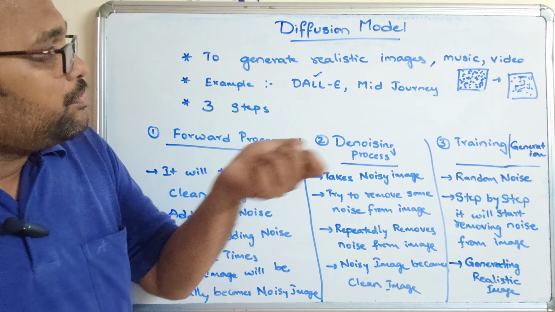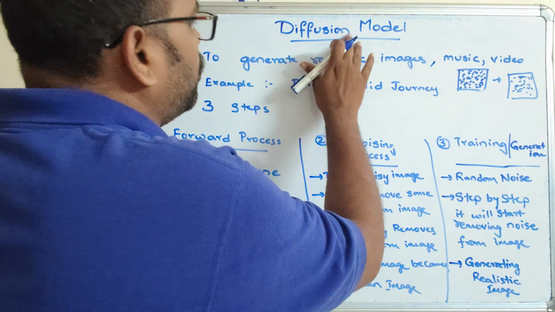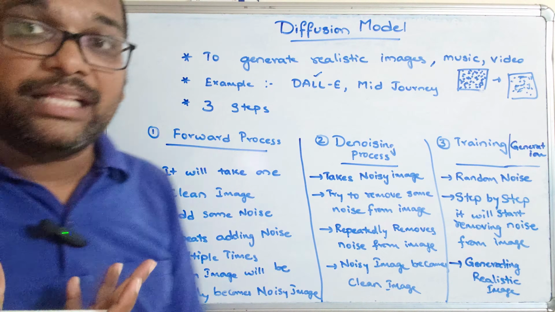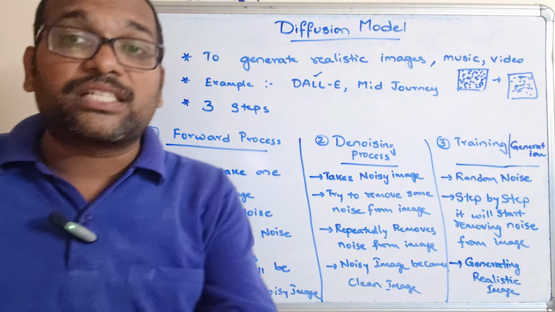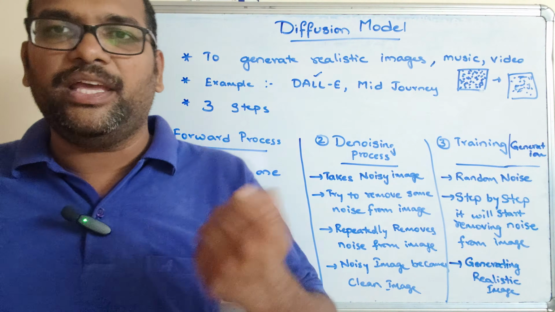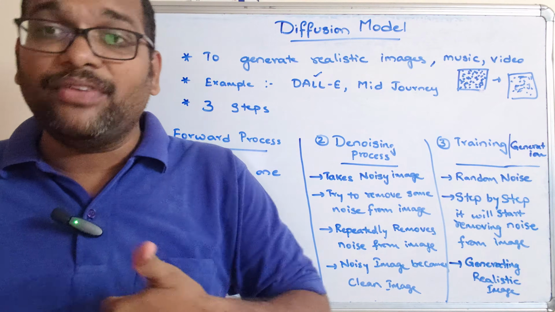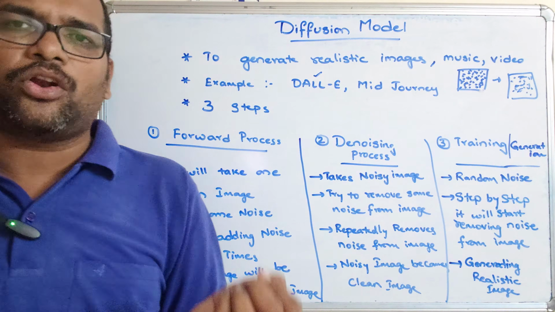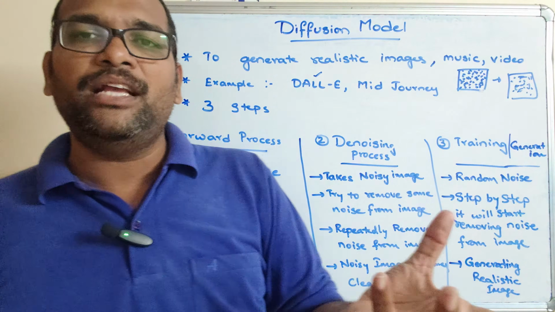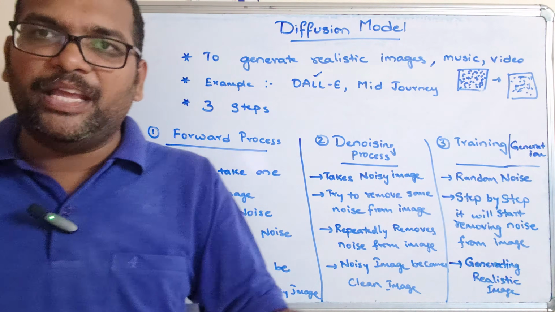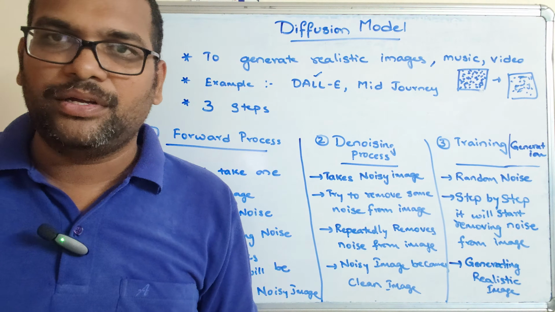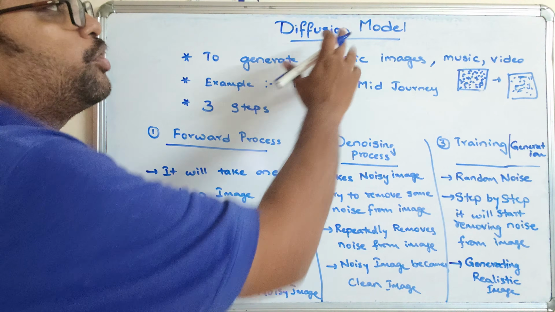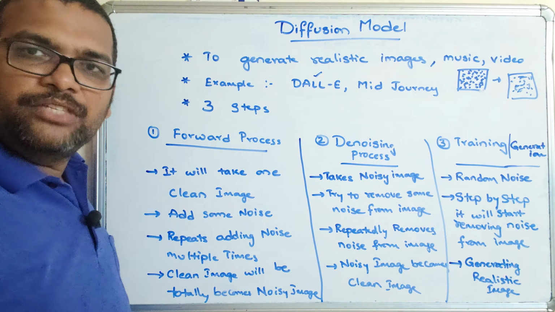So what we are saying is, this diffusion model is to generate realistic images. How it generates them means it will start with the random noise, and from the random noise it will slowly remove the noise until the image becomes realistic. So these are the steps involved in the diffusion model and how the new image will be generated.